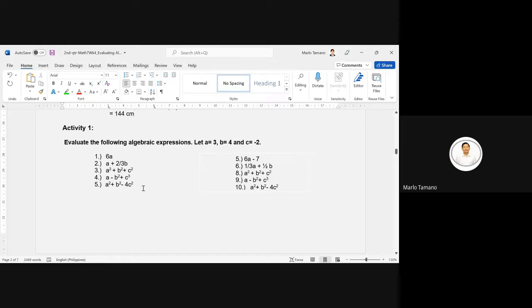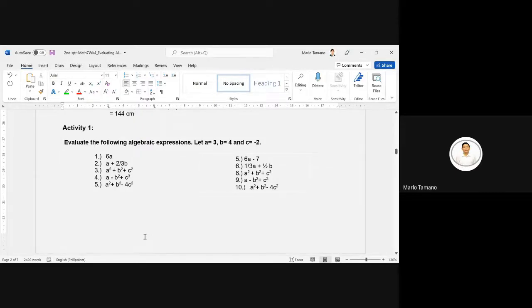So you add 3 plus 8/3. Anong sagot? Yung iba po, proceed to number 3, number 4, number 5, para mabilis tayo. It's already 11:47. Wala pa rin?